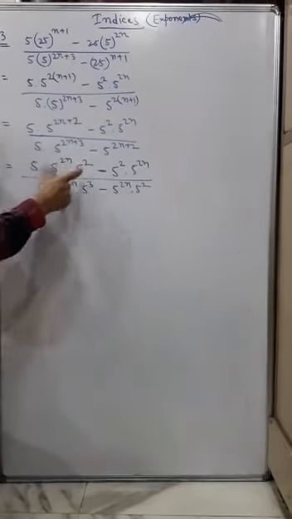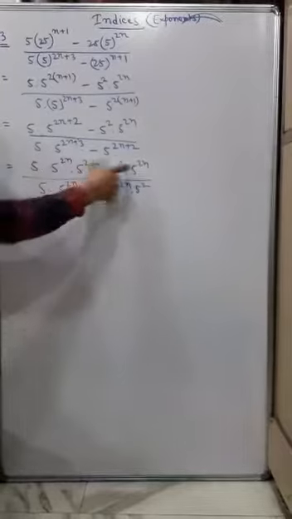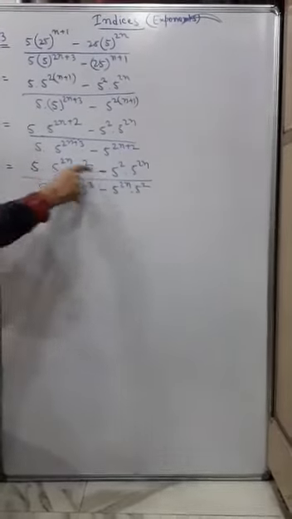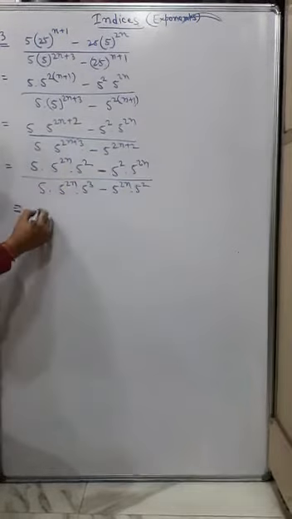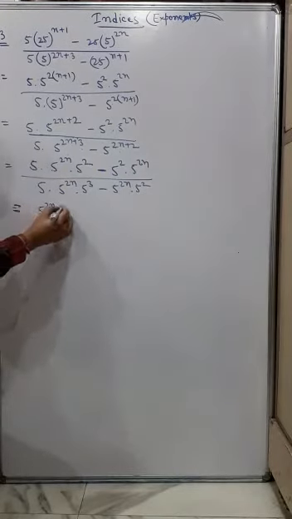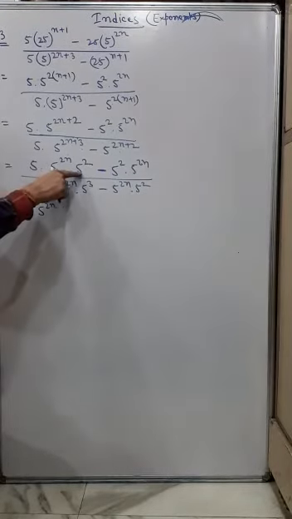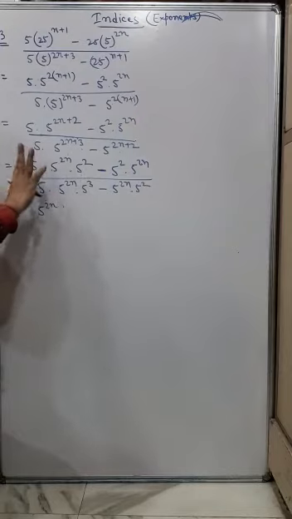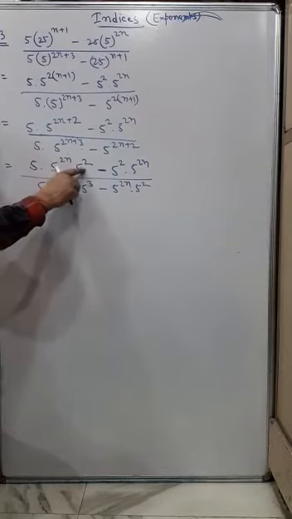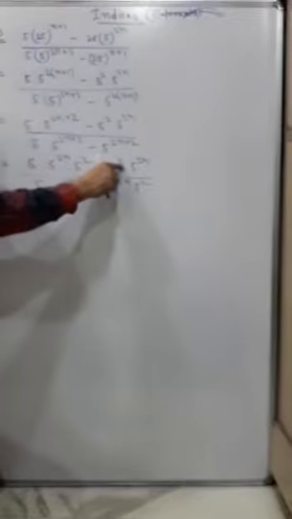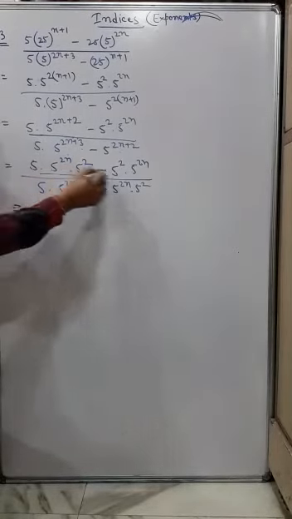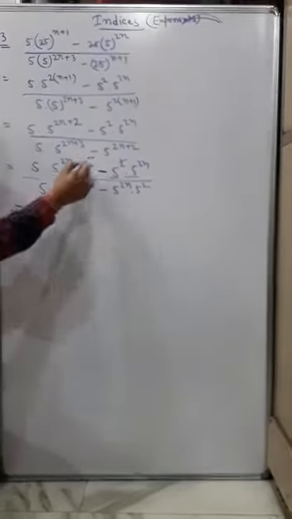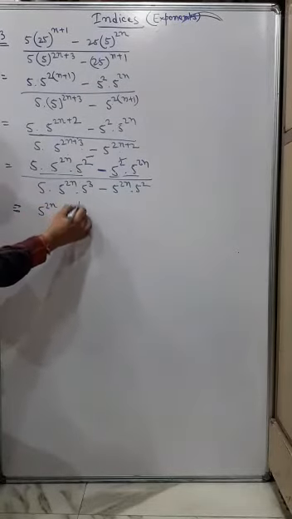You have minus here, so here and here maximum what you can take common. 5 to the power 2n and 5 to the power 2n we can take common here. Now you can see here 5 square and 5, that means you have here 3 5, 5 into 5 into 5, and here you have 2 5, 5 into 5, so I can take 5 square common. Okay, understand? On this part and this part I can take 5 square common, so another 5 square common.